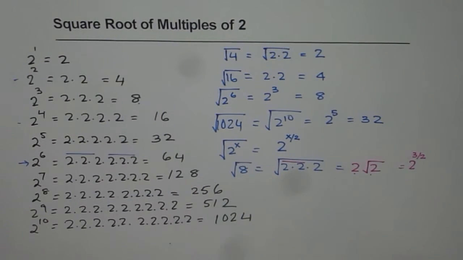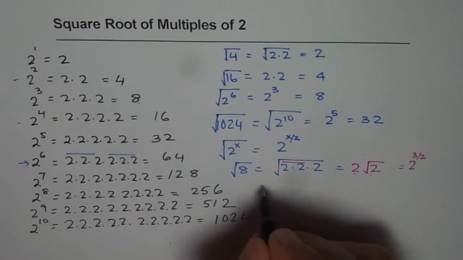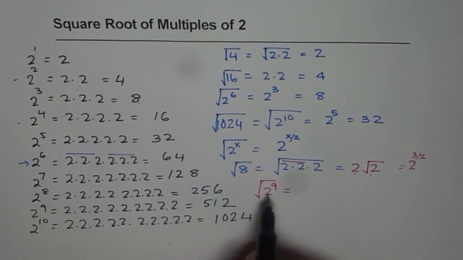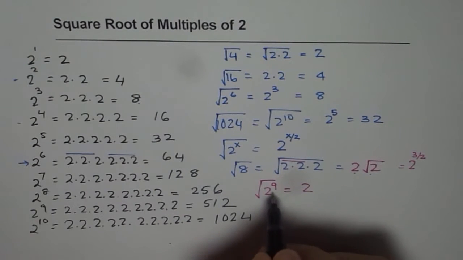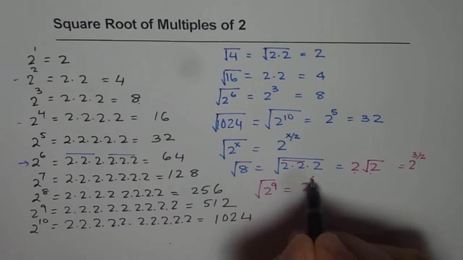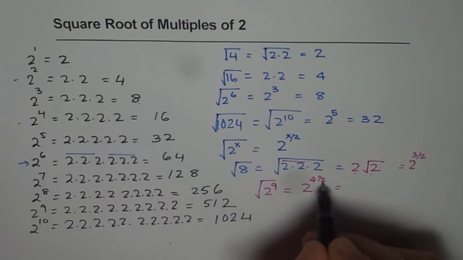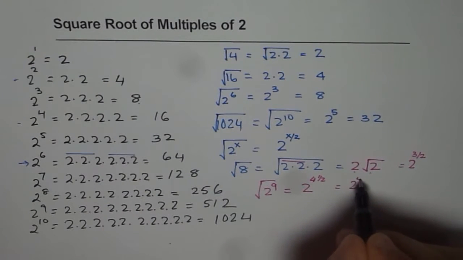What is square root of 2 to the power of 9? Now the answer should be 2 to the power of half of 9. That means 4 and a half, right? So 2 to the power of 4 and a half. So half means square root. So 2 to the power of 4 is outside and half means square root.